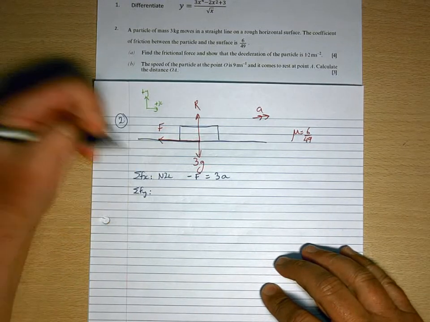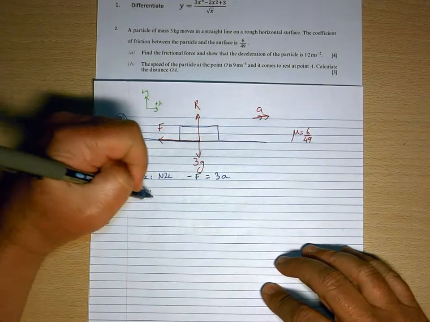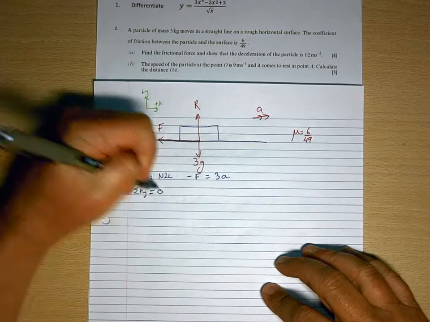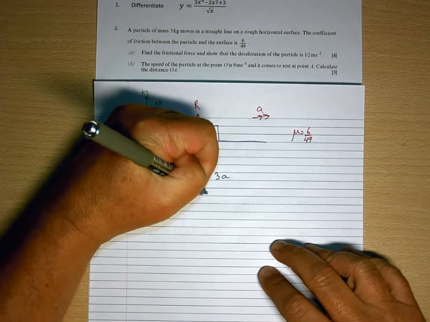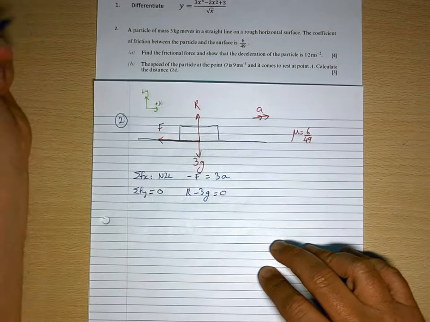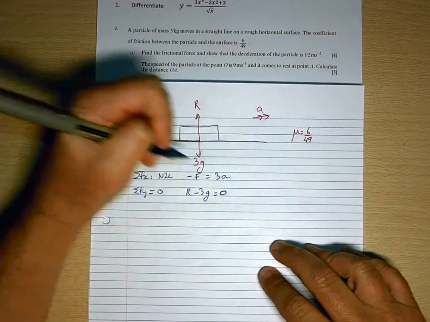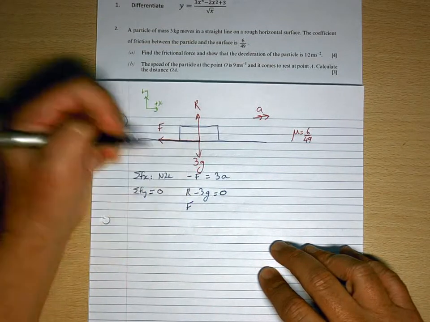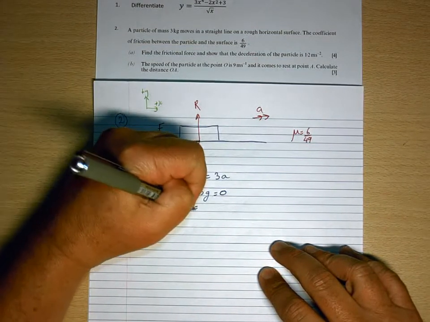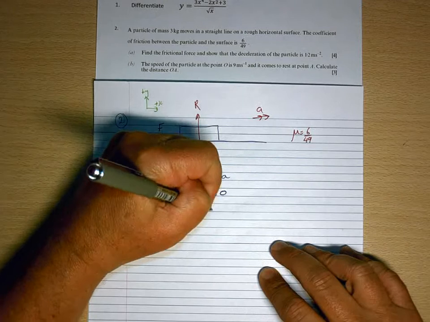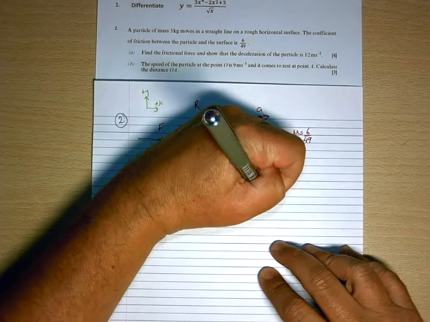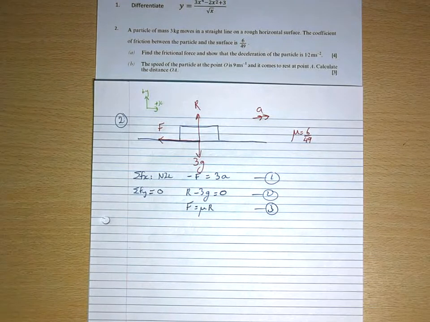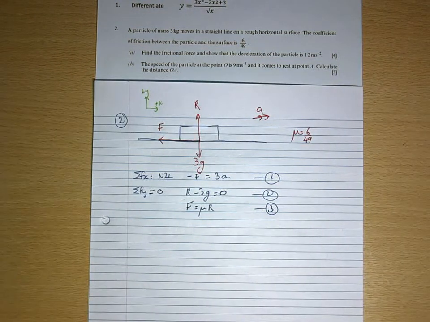There's no acceleration in the y, so the sum of the y components is 0. So R minus 3g equals 0. And we've got friction, so we know that F equals mu R. So those are our 3 equations.